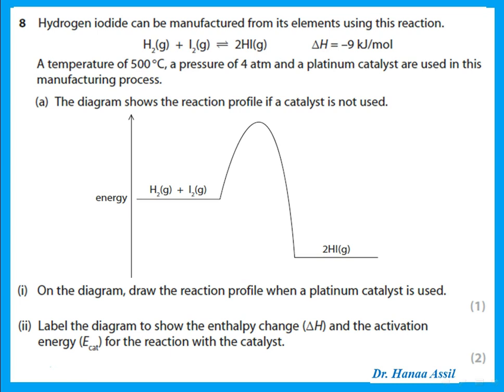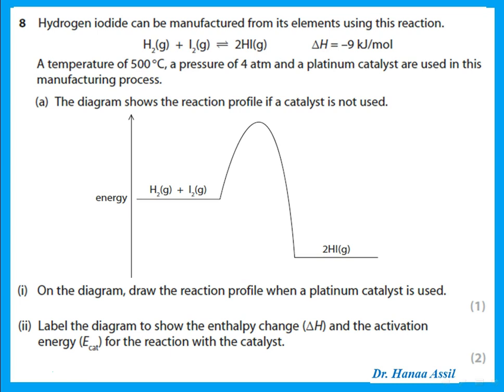This reaction is exothermic, and that means when I draw the reaction profile, the reactants lost heat or lost energy. That means that the products will have lower energy than reactants. So this is how we draw the reaction profile for an exothermic reaction. The products should be below the reactants.